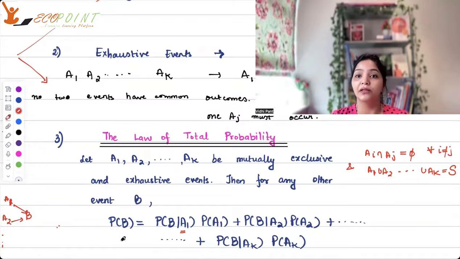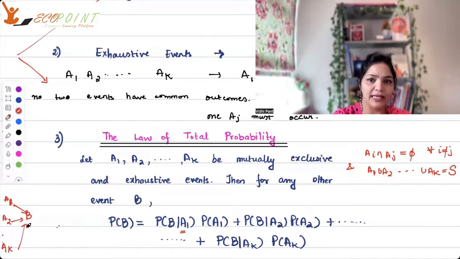Therefore, the probability associated to occurrence of B is equal to probability B occurs given A1 has already occurred multiplied by probability A1 occurs, plus probability B occurs given A2 has already occurred multiplied by probability A2 occurs, plus so on and so forth till AK, because we have k such events which have already occurred.